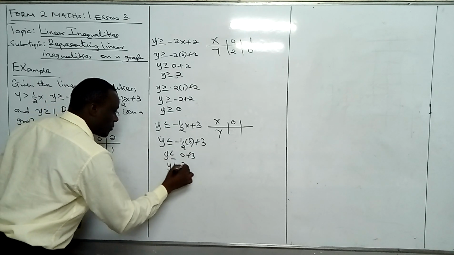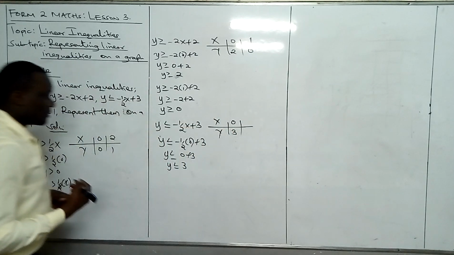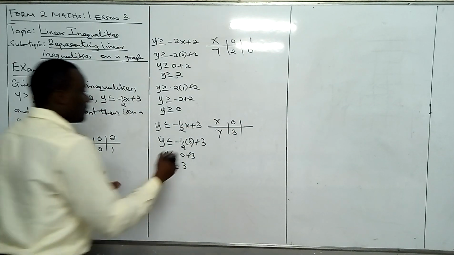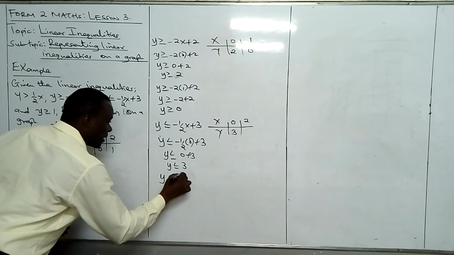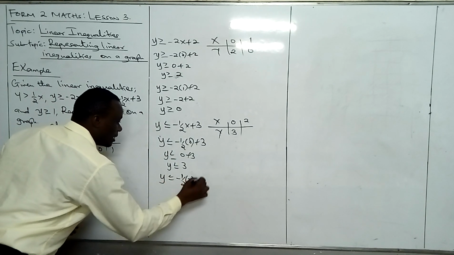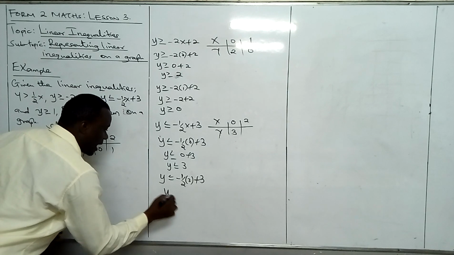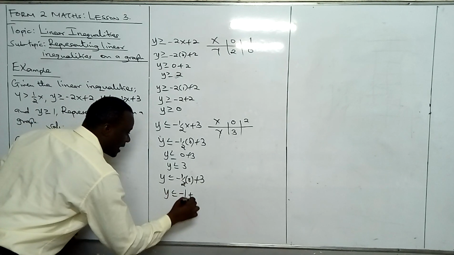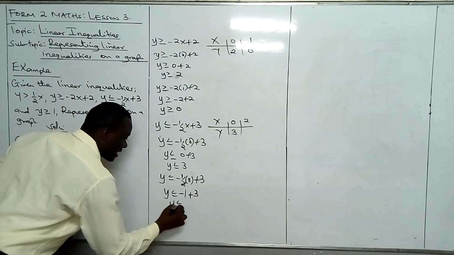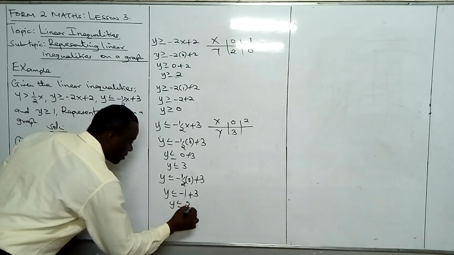Therefore, y will be 3 in that case. So what if we say x is 2? y will be less than or equal to minus a half times 2, then plus 3. y less than or equal to, 2 and 2 will cancel, we will remain with minus 1 plus 3. So y will be less than or equal to positive 2.